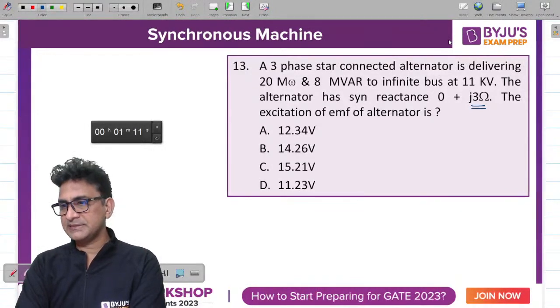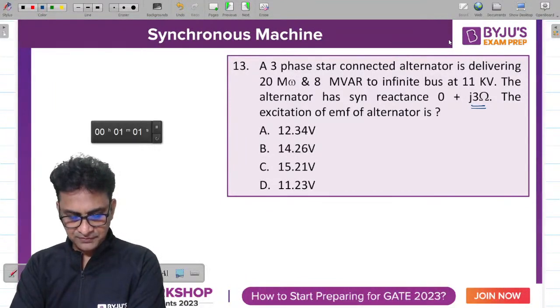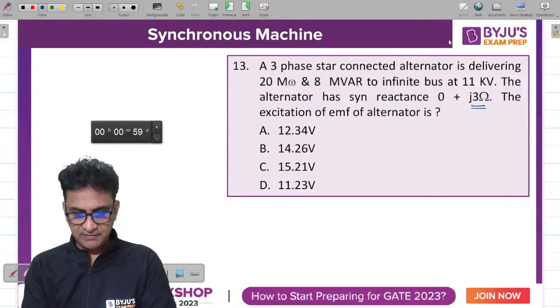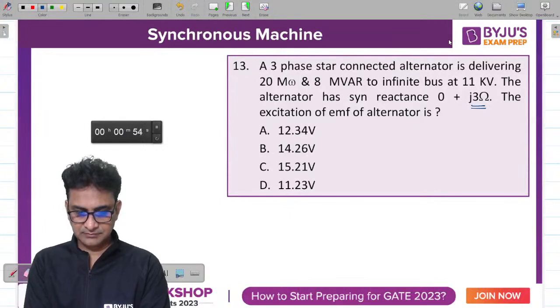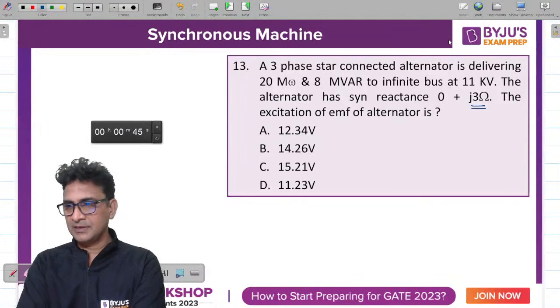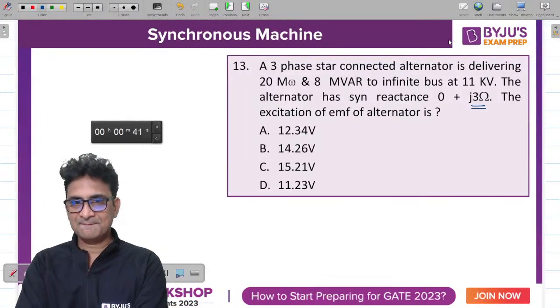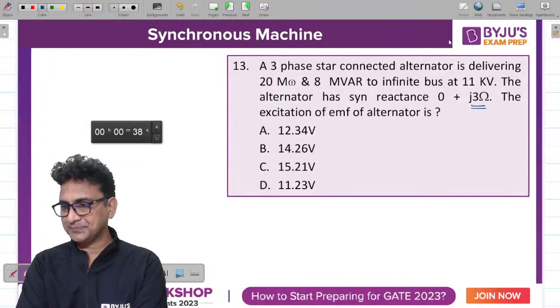The synchronous reactance is j3. What is the excitation EMF EF? Use the formula of active power and reactive power. Nobody has done it? Still you have 40 seconds.